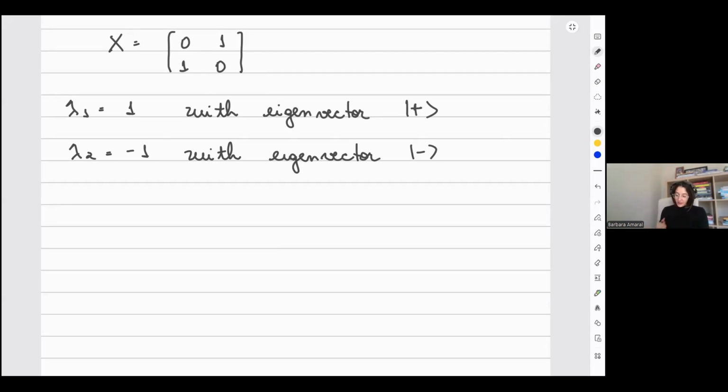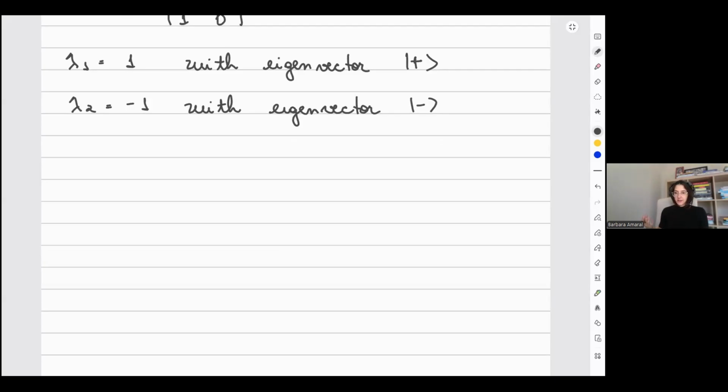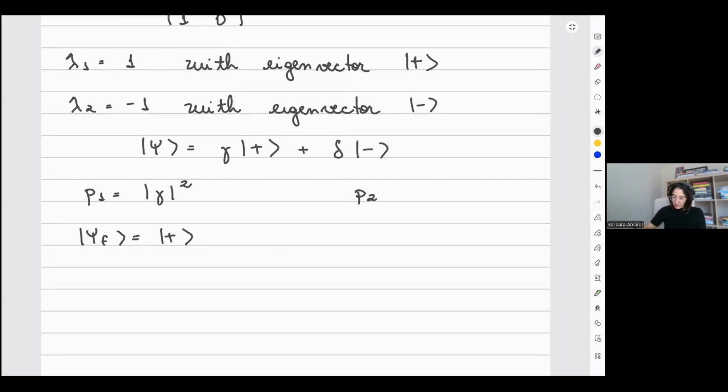And now we have the same thing. Now, if your vector is written in terms of plus and minus, this becomes easy again. So you have probability of outcome 1 equal to gamma squared. The final state is always going to be plus. And the probability of the second outcome is delta squared.